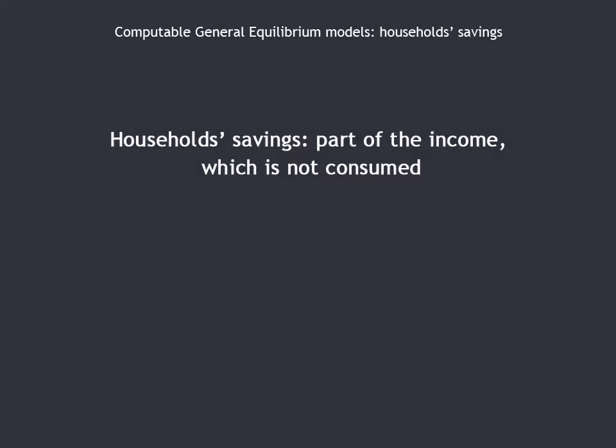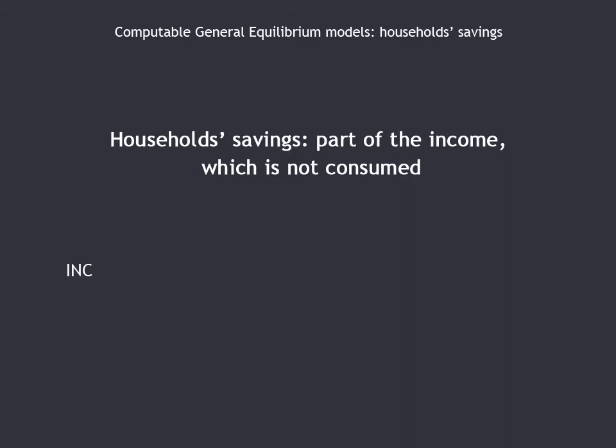With the first CGE model, we had a representative household income denoted INC, if you remember well. This income was derived from the ownership of productive factors and their remuneration. Then we introduced an income tax, and this income tax implied that the representative household cannot fully spend her or his income.